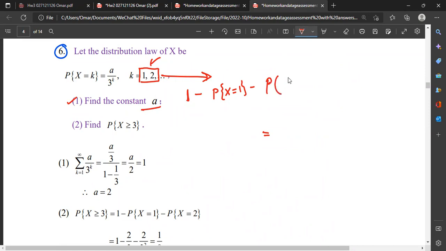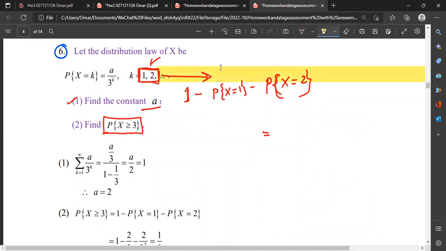If we do this, then we will find the probability of x greater than or equal to 3.